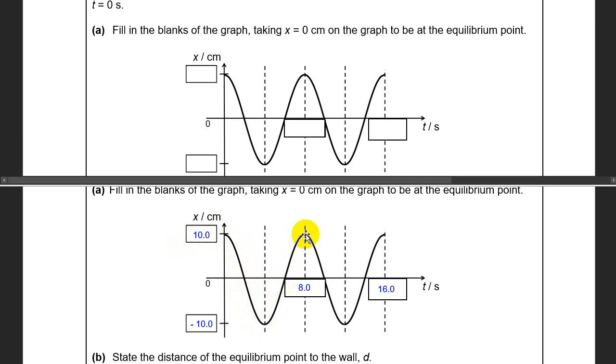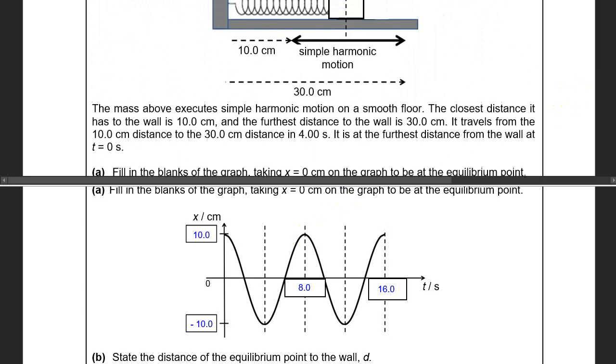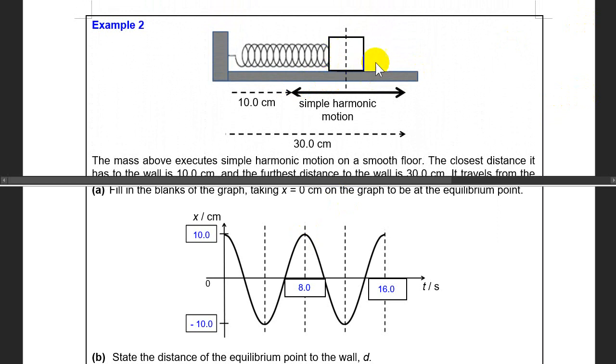Then when you reach the furthest point, x is 10. So let me repeat: this is 0, this is 10, 10 cm from the center point. So here is 10, 0, minus 10, 0, 10, 0, minus 10. So that's how the x works.